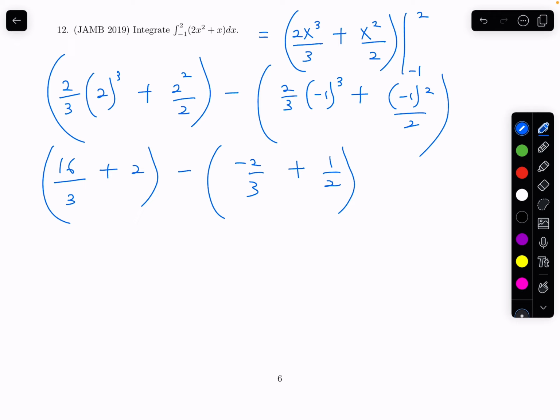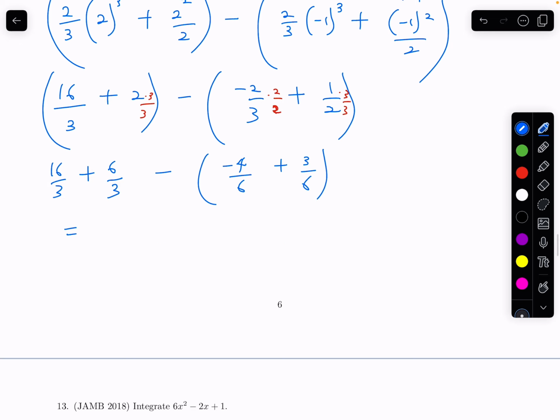Now I can multiply this side by 3 over 3, and this one by 2 over 2, because I want the denominators to be the same. So this is going to be 16 over 3 plus 6 over 3, minus, I have -4 over 6 plus 3 over 6.